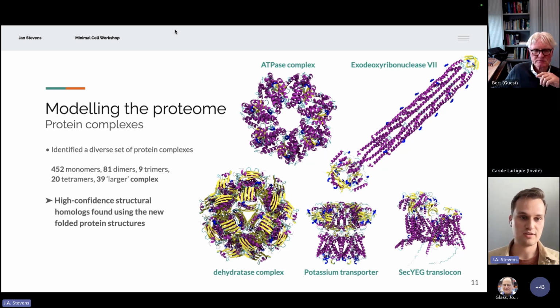And for about 30% of the uncharacterized genes, this gives us a quite decent guess of what these uncharacterized genes could be doing. But in our model, we mainly use these larger complexes to incorporate them in the cell envelope, since that's the region where these protein complexes are the most important for us.